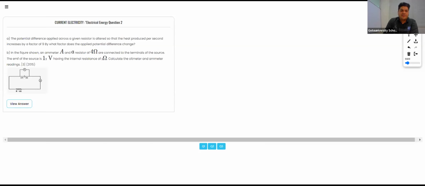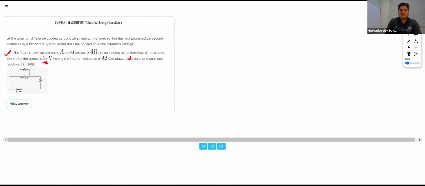In the next one, part B, the question is: in the figure shown, an ammeter and a resistor of 4 ohm are connected to the terminal of the source.